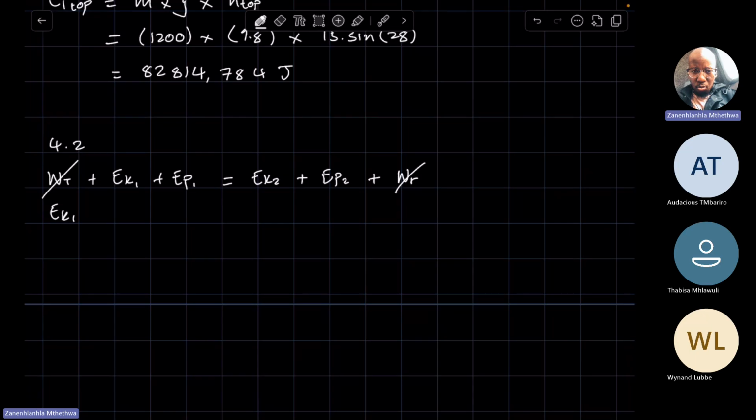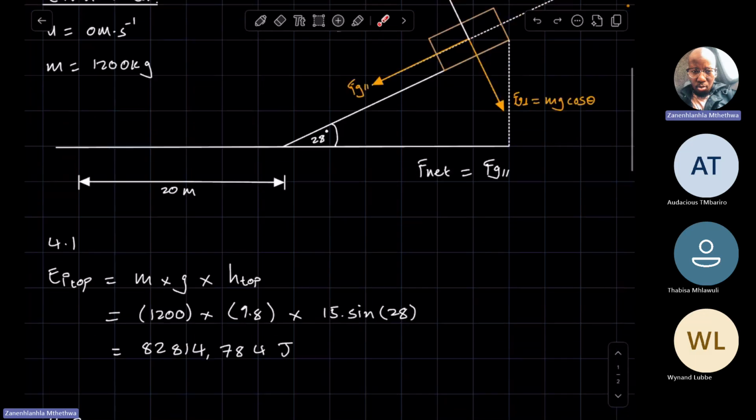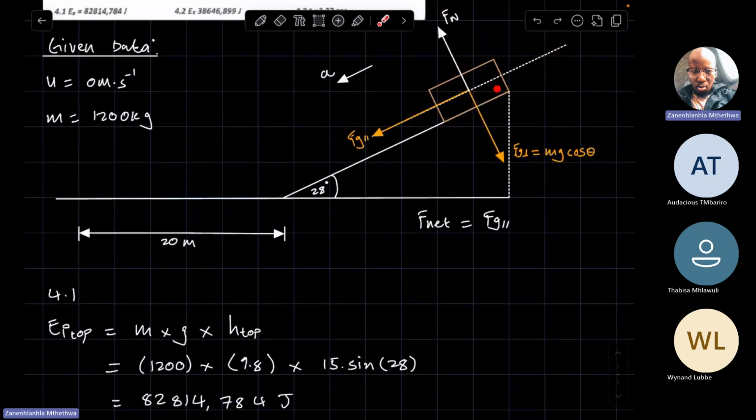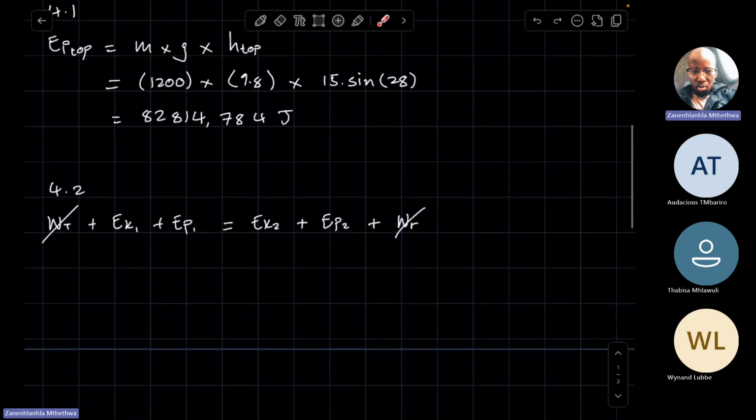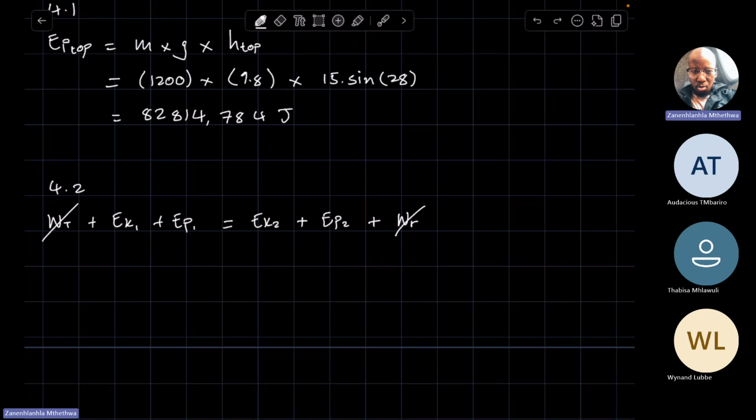So this and that is gone. Initially the object is at rest, meaning the initial velocity is equal to zero, so the kinetic energy initially is equal to zero. So we also do not have that.